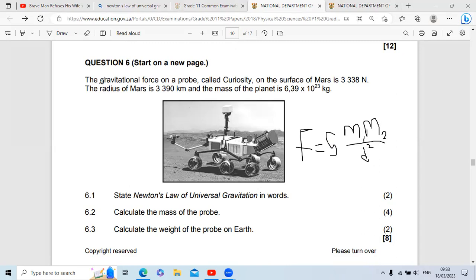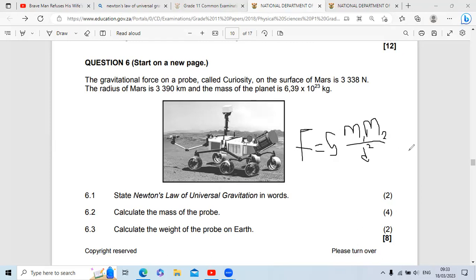Since we're talking about from the center of mass to this object, we're going to change this to make at least one of these masses the subject of the formula.